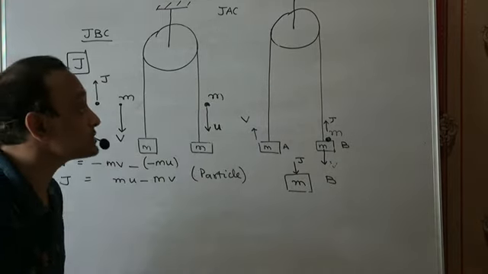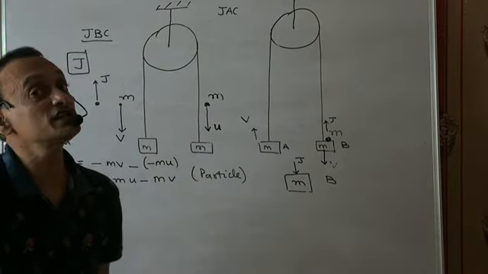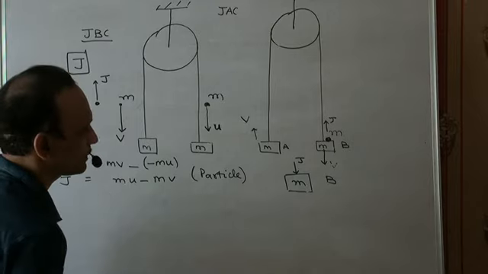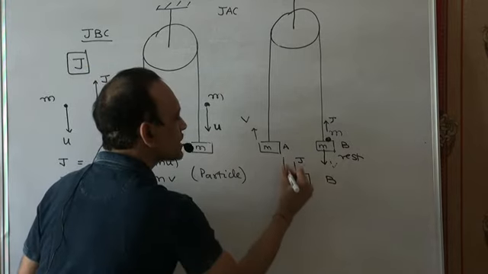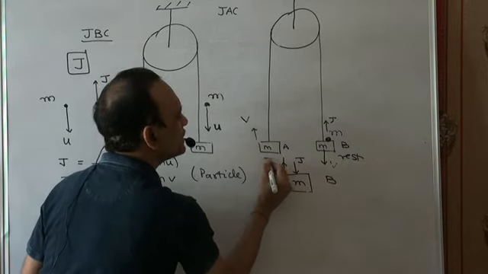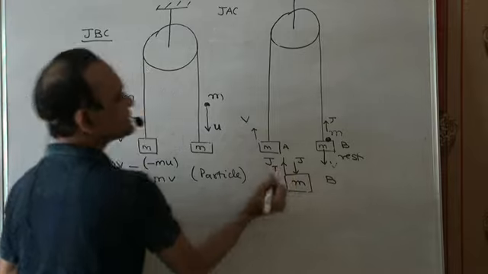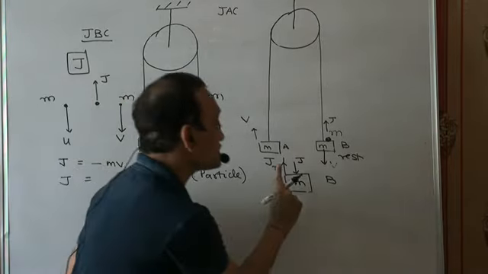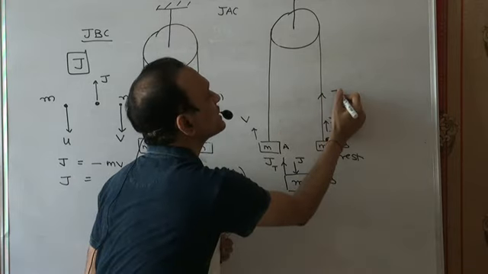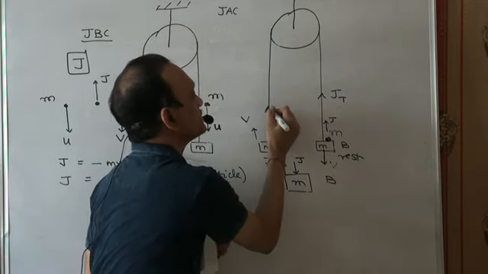Now, not just that. The block B actually has two impulses to be taken care of. It was originally at rest. There is the string that exerts a linear impulse because of the tension, which is Jt. There is an abrupt buildup of tension in the string, and there is a linear impulse because of tension in the string, call it Jt.